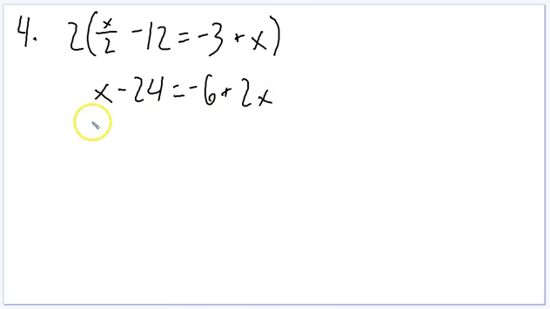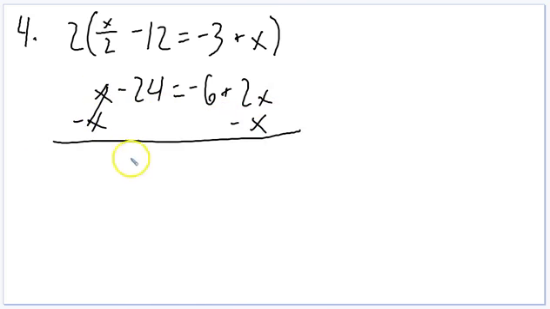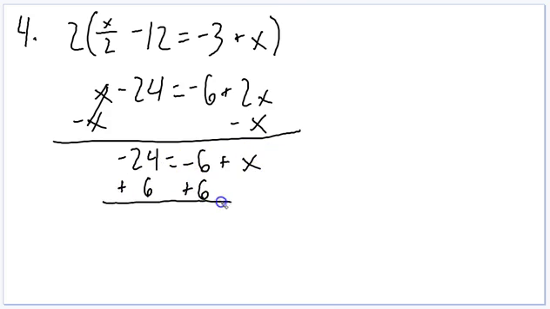So take care of the x's first, keep it positive, so I'm going to bring this x over here. That's gone. I get negative 24 equals negative 6 plus x. And then I'm just going to add this 6 over here. If you don't know what you're doing when you're adding different integers, you just subtract the smaller one from the bigger one.